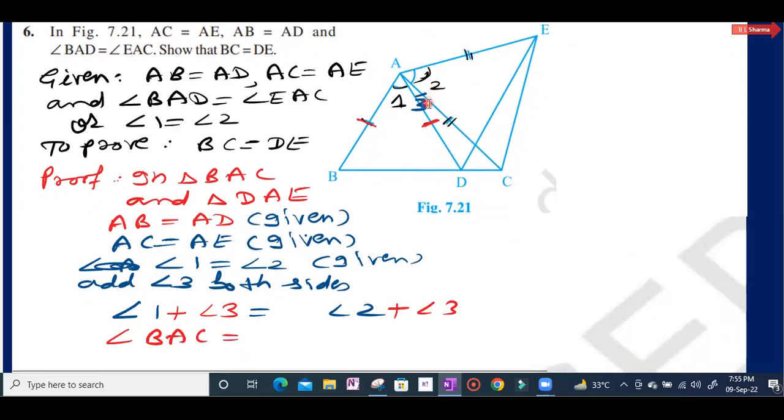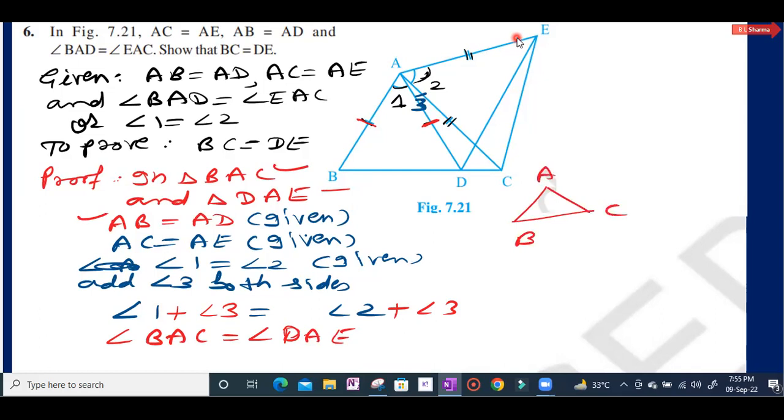And angle 2 plus 3, this angle is 2, this angle is 3, so we can write angle DAE. तो देखिए आपको इन दोनों ट्राइंगल्स में BAC और DAE में क्या मिला। देखिए, CAB इज इक्वल टू AD, we can write like this, BAC and other is DAE.